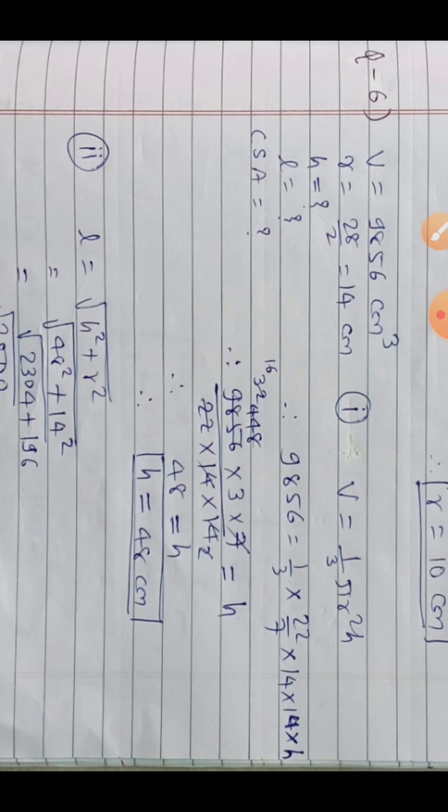Again, I tell you, write this step in your rough work and find the answer yourself. How I got 48, you cannot understand right now from my cancellation work. Even then I tell you, first of all 9856 is a multiple of 22. So 22 multiplied by 448.